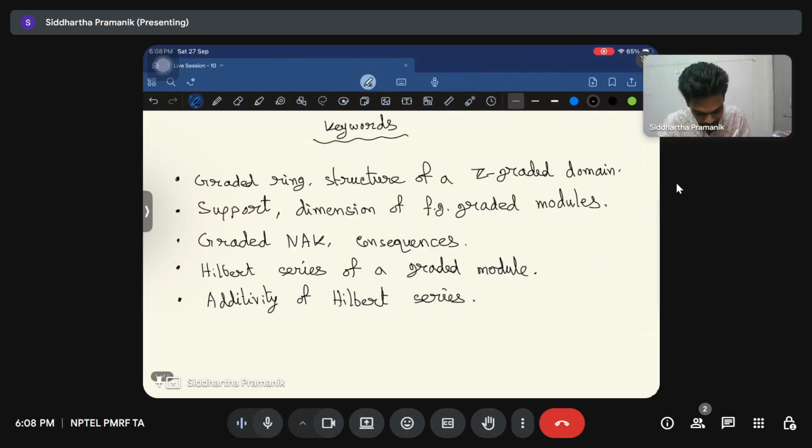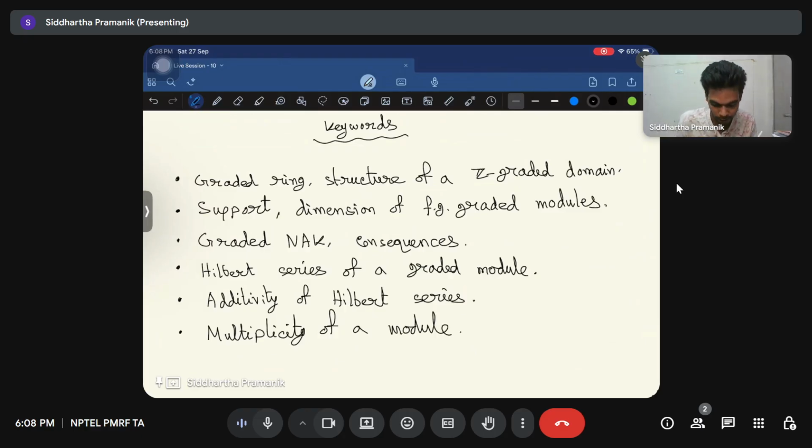Then we have defined the multiplicity of a graded module. So this is the Hilbert multiplicity, and there is also one notion of Hilbert-Samuel multiplicity. If we have a module over a Noetherian local ring, then we can define the Hilbert-Samuel multiplicity.